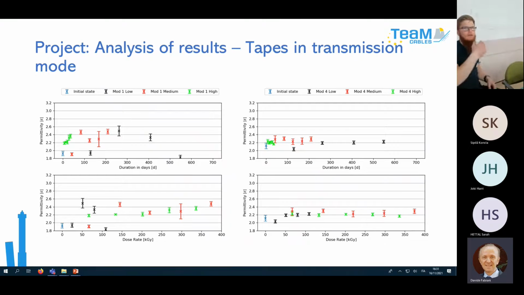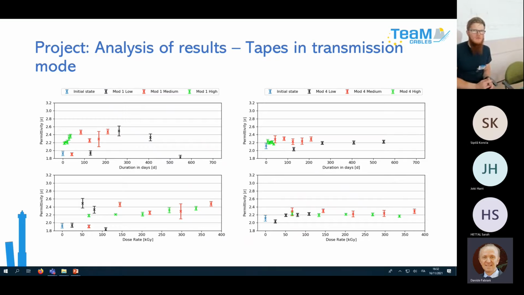Now let's get to the analysis of the results of this project. These are tapes measured in transmission mode. I'm looking at tapes in transmission mode because there is a certain thickness in transmission mode beyond which we cannot transmit any waves because the sample is too thick.